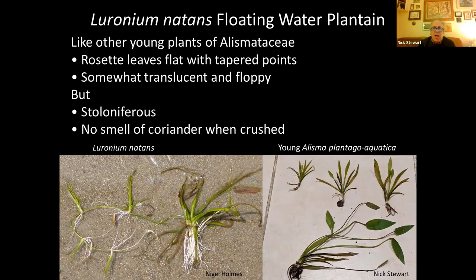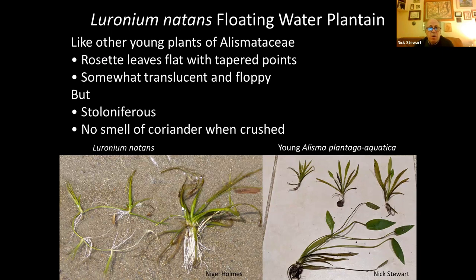A lot of the Alismataceae, when they're very young, produce rather similar, not quite stiff-leaved, but linear leaves with tapered points. For example, a young common water plantain, Alisma plantago-aquatica, will start off looking like that, and as it gets more mature, it will begin to expand the leaves, and you'll get leaves that are floating on the water surface.